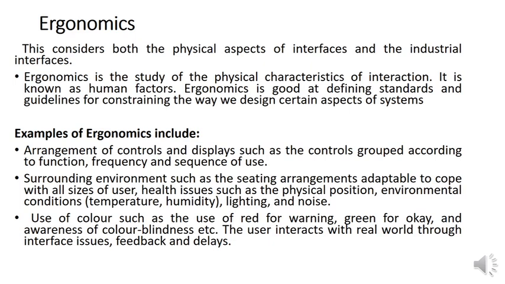Use of color, such as the use of red for warning, green for okay, and awareness of color blindness, etc. The user interacts with the real world through interface issues, feedback, and delay.